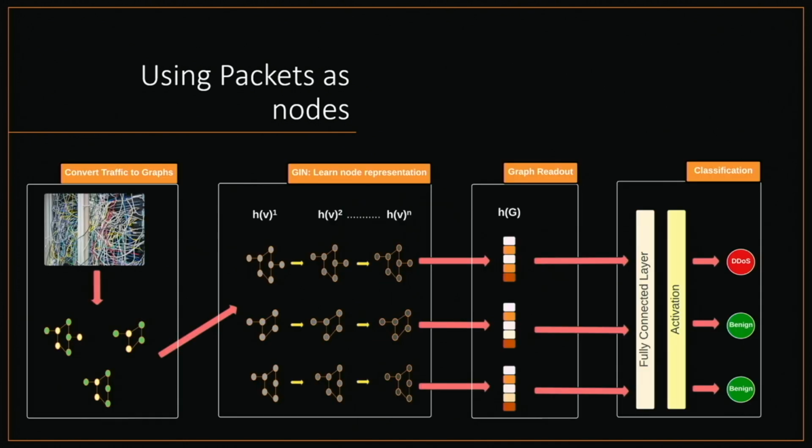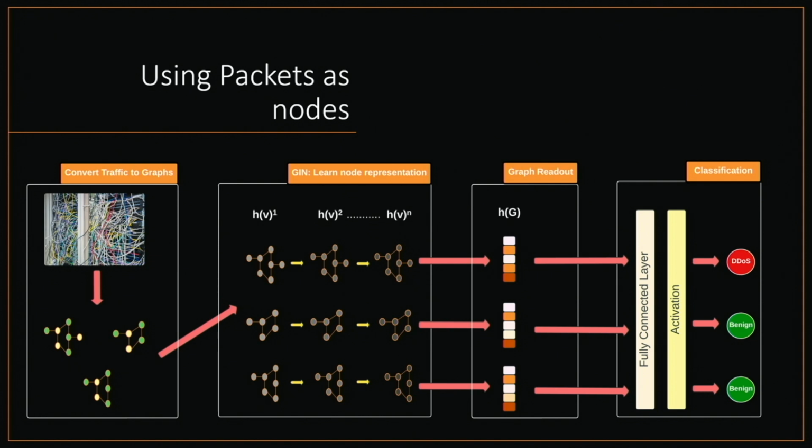I do not want to go too deep into the GNN models over here and make it too complex. But this is a graph classification problem because you are creating small packet graphs. In this situation, we are using GIN, graph isomorphism networks, based on the graph isomorphism concept, and we are learning the embeddings based on that.